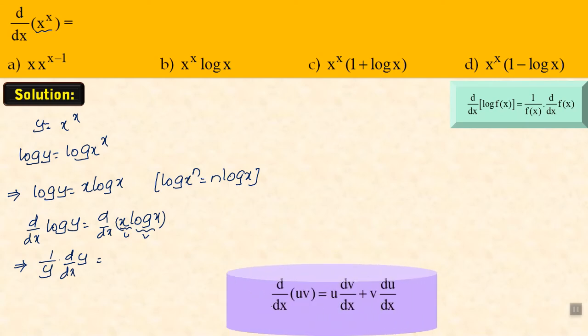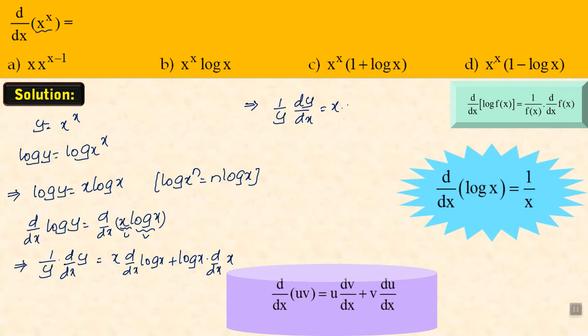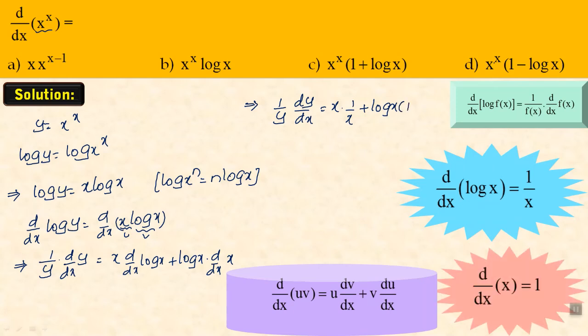We know that d by dx of uv is equals to u into, that is x into d by dx of v, that is log x, plus v, that is log x, into d by dx of u, that is x. That implies 1 by y into dy by dx is equals to x into d by dx of log x is 1 by x plus log x into d by dx of x is 1.